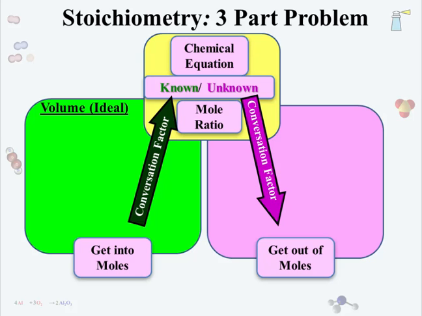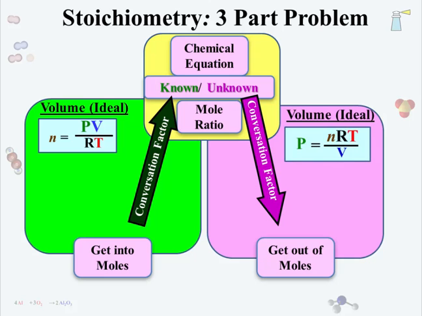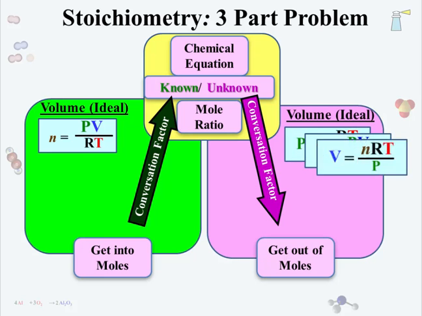When getting into moles from volume, the ideal gas law equation is modified to isolate n, the number of moles. When getting out of moles, the ideal gas law can be modified to isolate pressure, temperature, or volume. We will limit our discussion in this lecture to just the volume parameter.